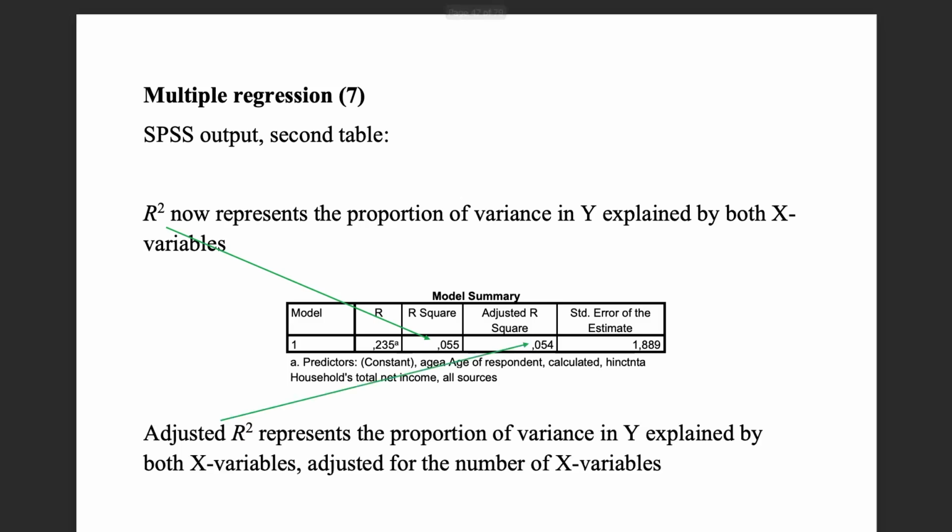And now it also becomes a little bit more relevant to look at that column besides that, the so-called adjusted R square value, because that's a different measurement of R square, which also is supposed to represent a proportion of explained variance, but it does so adjusted for the number of independent variables in our model. The logic being that, by definition, if you include more independent variables, R square is always going to go up.